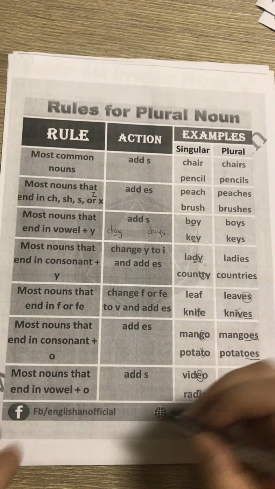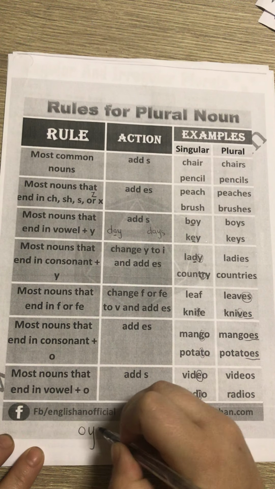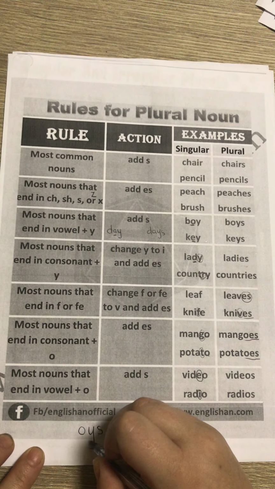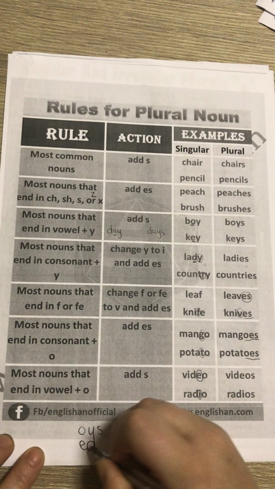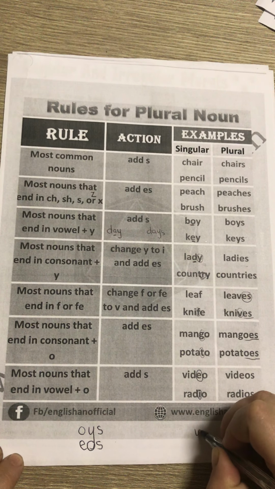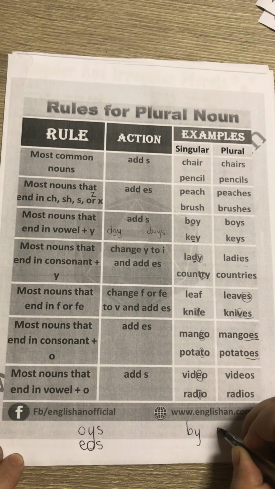So the o and the y have the same rule. Any word that ends in y, if there's a vowel in front of it, only gets an s. Any word that ends in o, if there's a vowel in front of it, it only gets an s. Any word that ends in y, if there's a consonant in front of it, it changes to i, e, s.